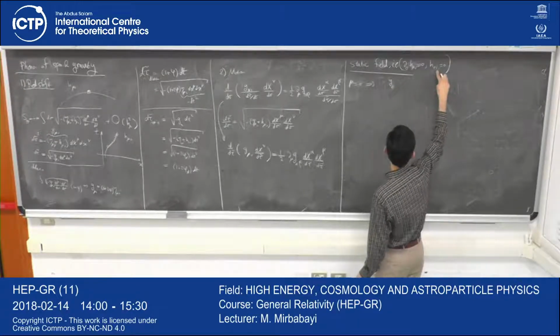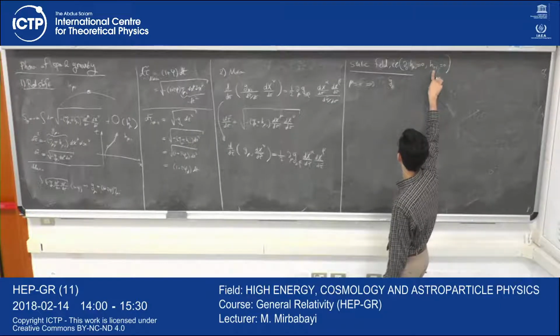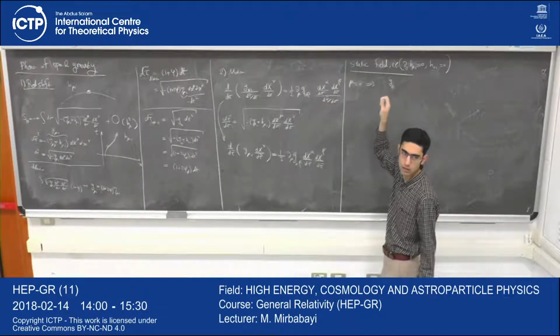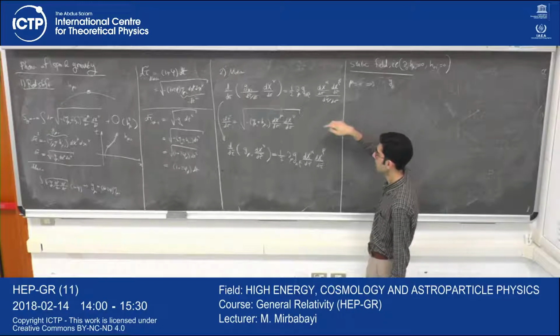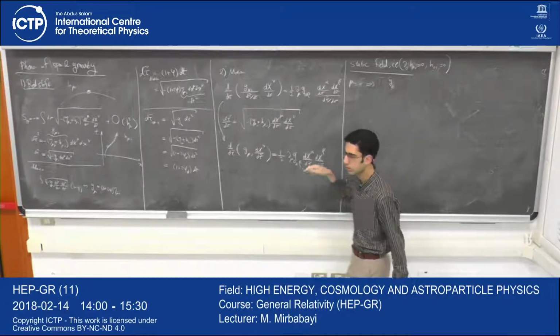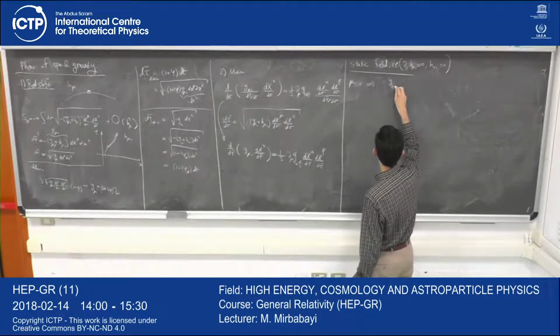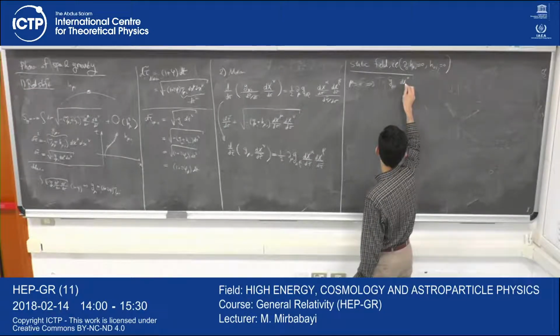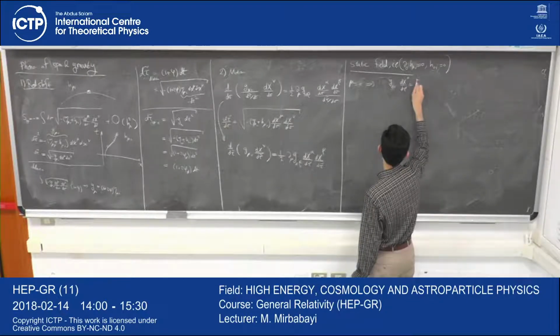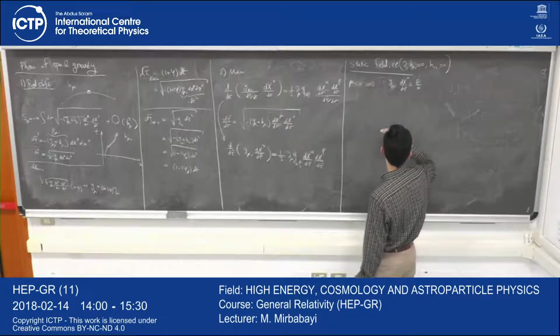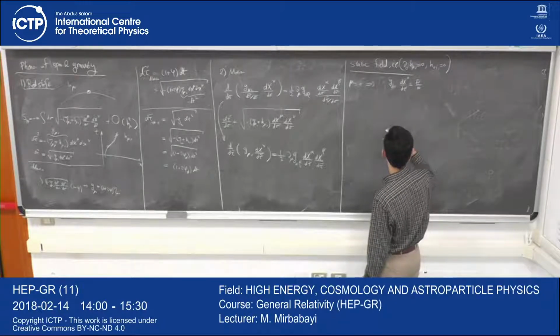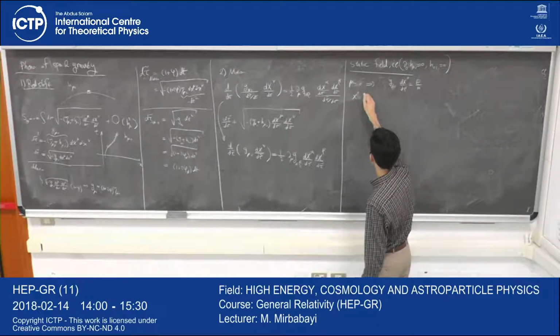And since we are in the gauge in which h0i is 0, then g0i will also be 0. So what we get is that g00 times dx0 d tau tilde is a constant that I call E over m. Let me also call x0 t.